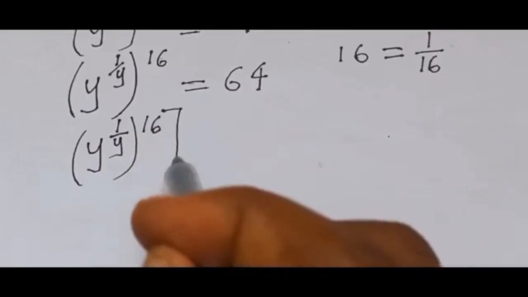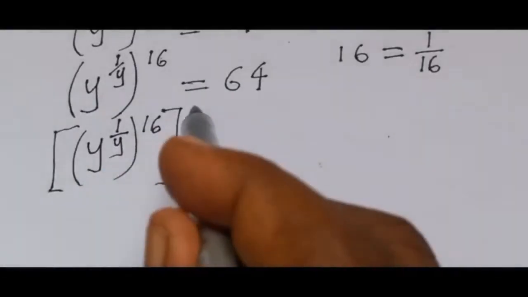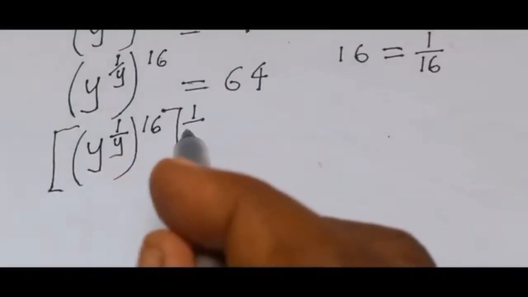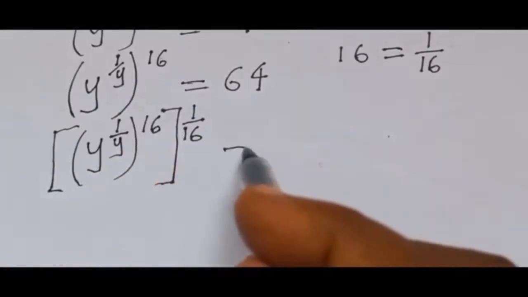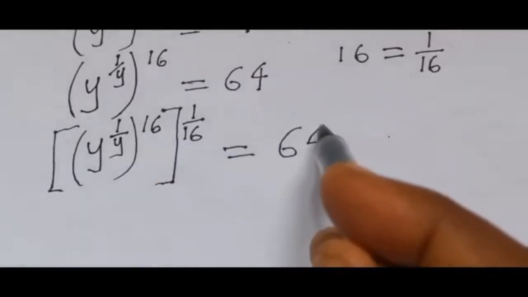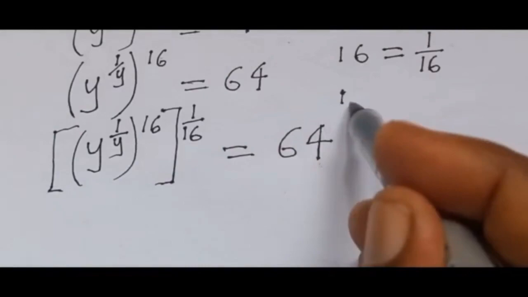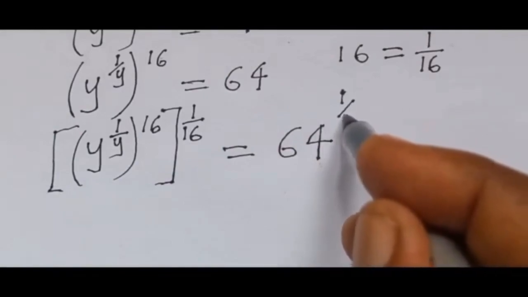In the bracket again, raised to the reciprocal or inverse of 16, which is 1 over 16. This is equal to 64 raised to the exponent 1 over 16.